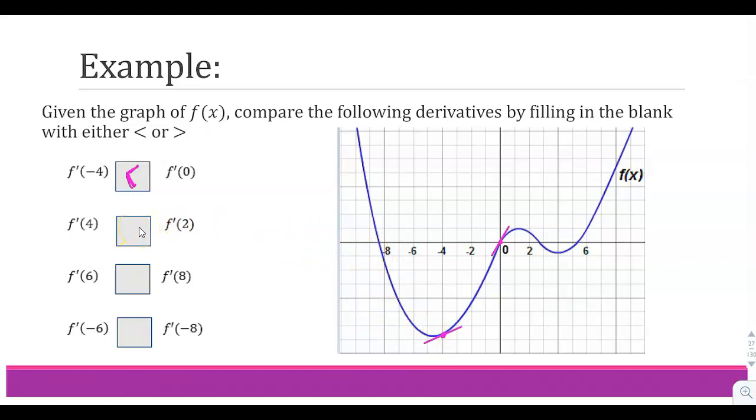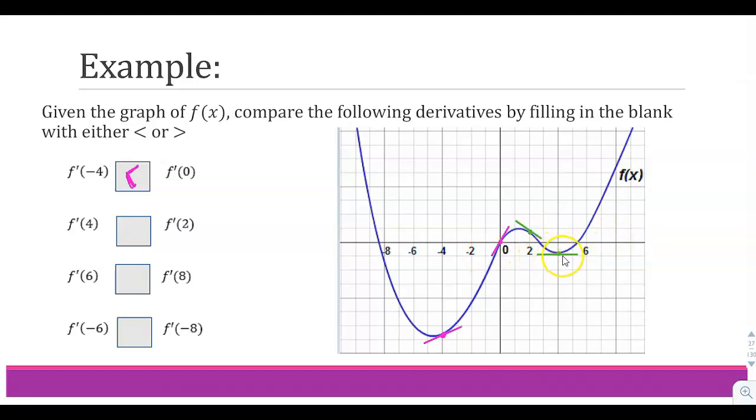If I now go ahead and compare f prime of +4 and f prime of 2, so we'll go to +4 over here, and I have a horizontal tangent line, so that has a slope of 0. And at +2, if I find the function, there it is, that is a negative slope.